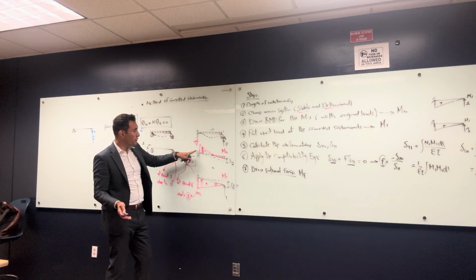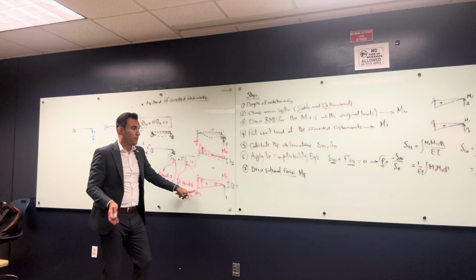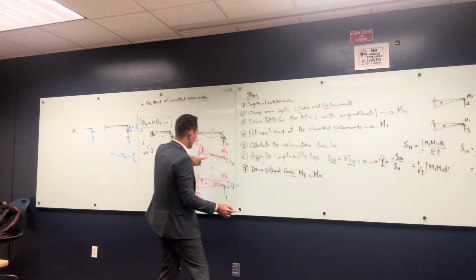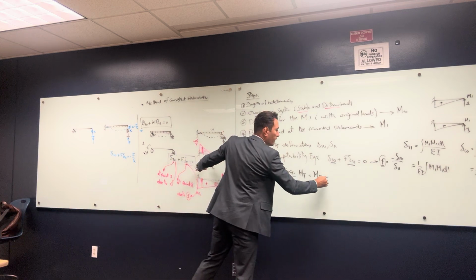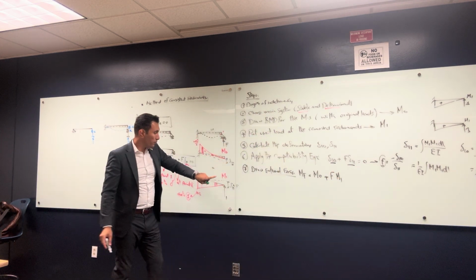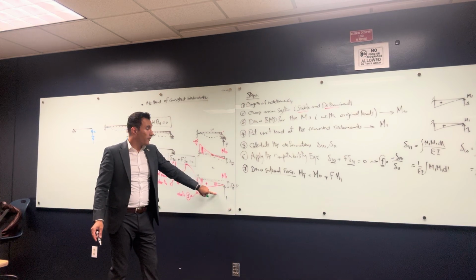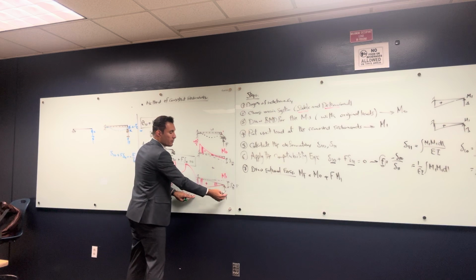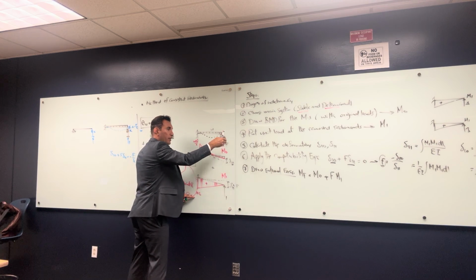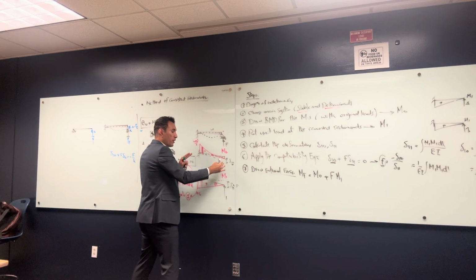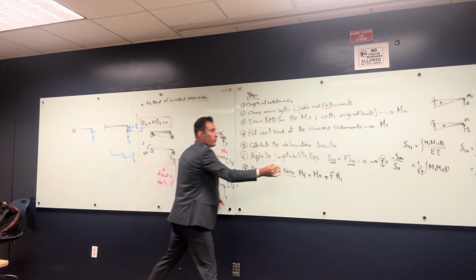It's going to be a combination of this system and this system. MF is going to be equal to M0, like this moment, plus F multiplied by M1. Why? Because it's a combination, and I know that this system is just from the unit load, but if I want to find the one corresponding to F, I need to multiply F by this system. So this bending moment plus this bending moment gives you the final bending moment.